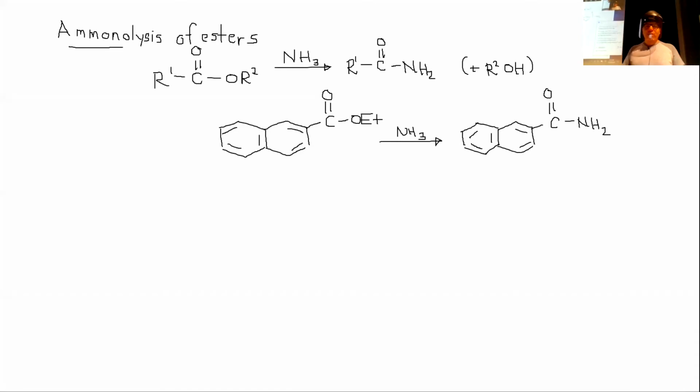And that's pretty general. My understanding is actually that you don't even need to use ammonia. You could use a primary amine, maybe RNH2, and then in the end, instead of getting NH2, you'll get NHR. So I think that will work too. That's why I was thinking of spelling ammonolysis like this, amino.